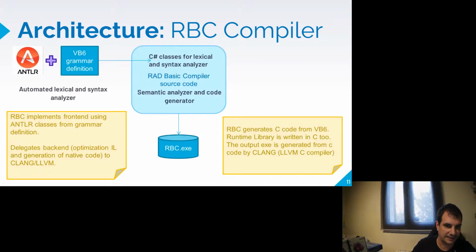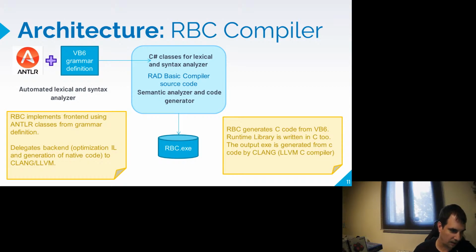Well, the RBC compiler, the compiler of RAD Basic, uses ANTLR, a library from Terence Parr, used in a lot of open source projects, which from an input grammar definition outputs classes for the lexical and syntax analyzer.